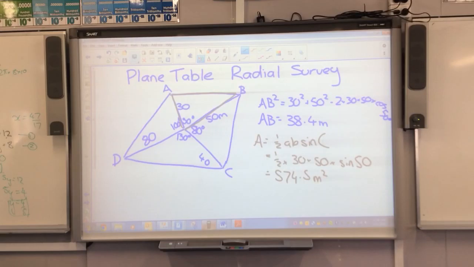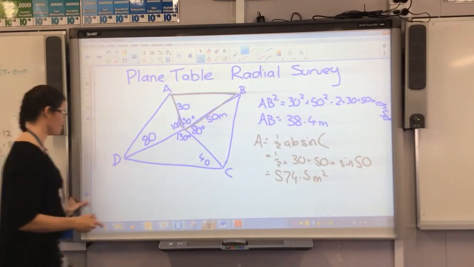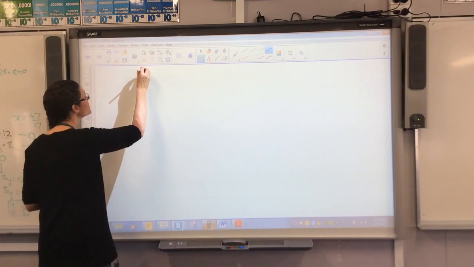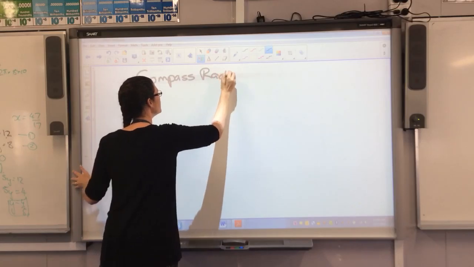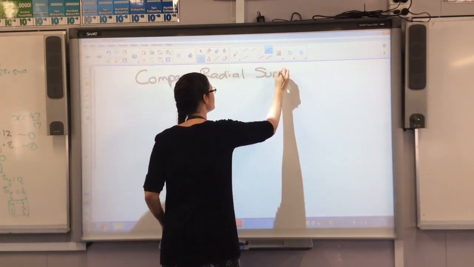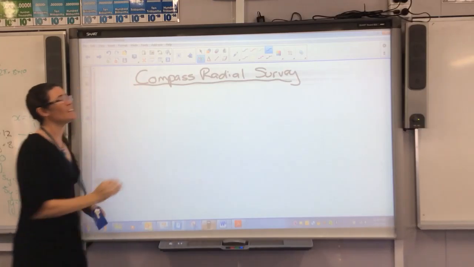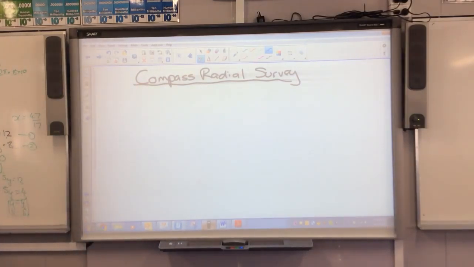Now the last one we're looking at is a compass radial survey. Now these are almost the same. They look very similar, except instead of measuring the angles between each of the lines to the corners, it gives you the bearings of them instead. And then we need to calculate for ourselves what the angle between them would be.